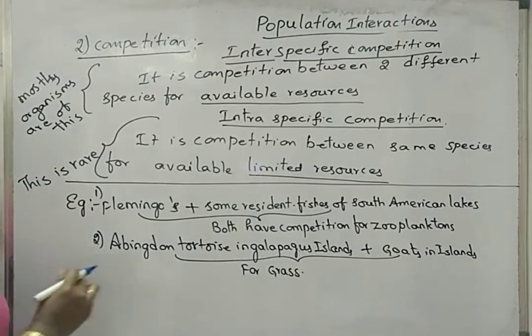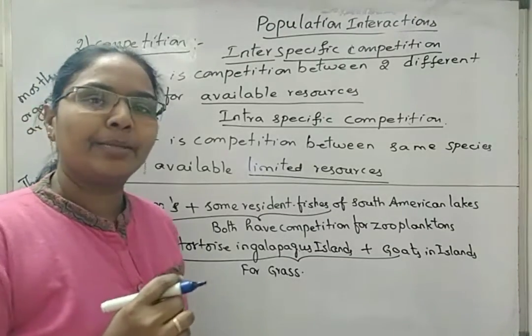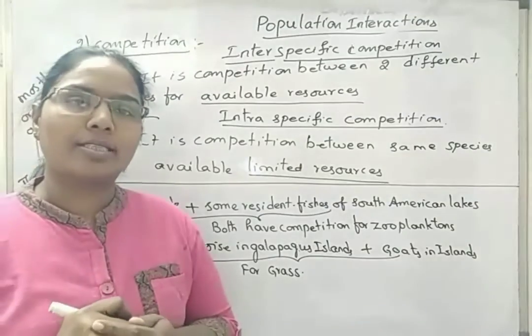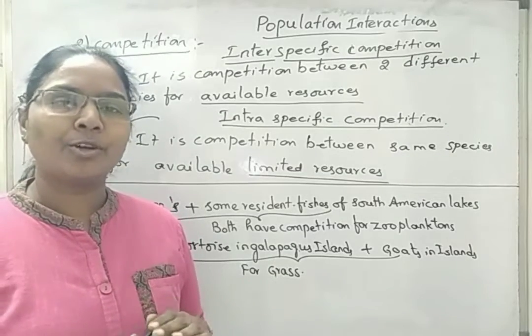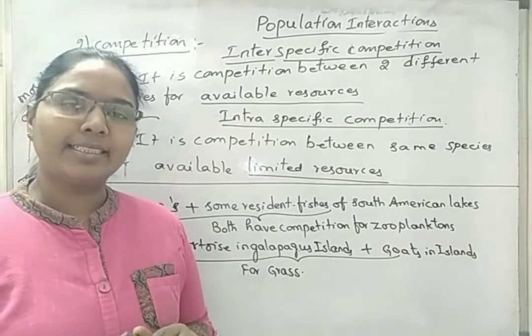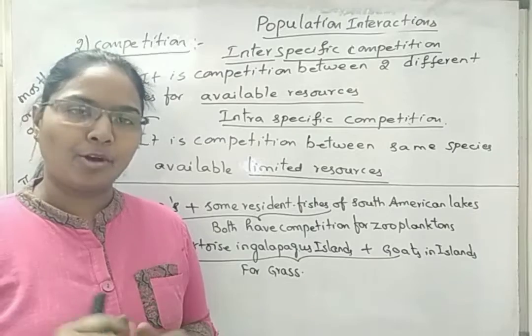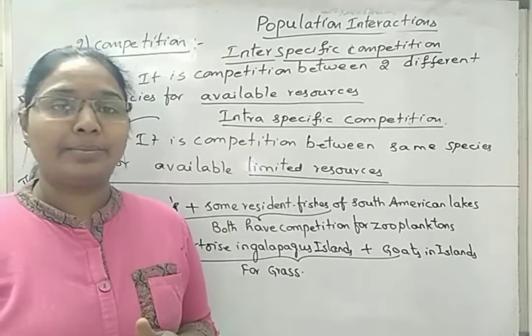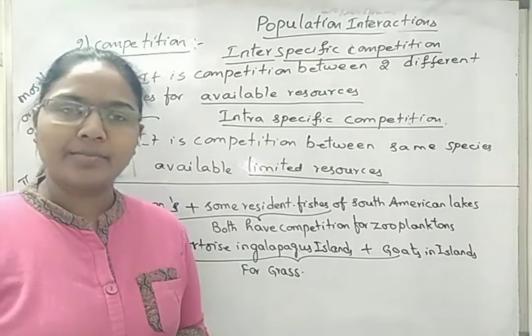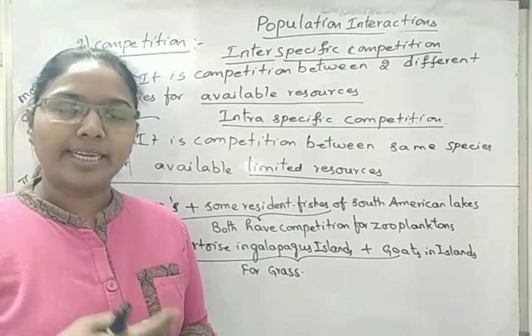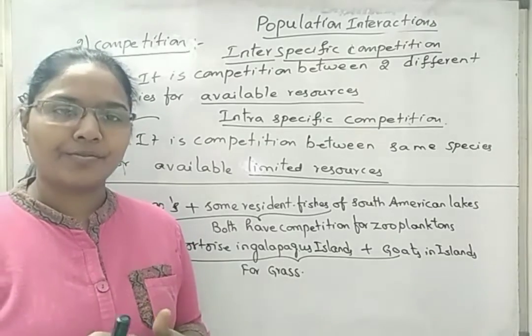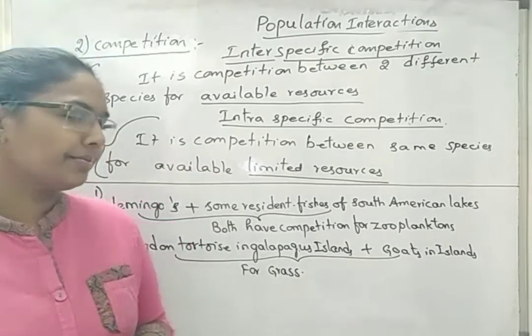So, there was one principle explained by Mr. George Gause, one of the ecologists. He said that when two organisms are having competition, the recessive one will become extinct and only the dominant one will survive. But that was later said to be false by later scientists.